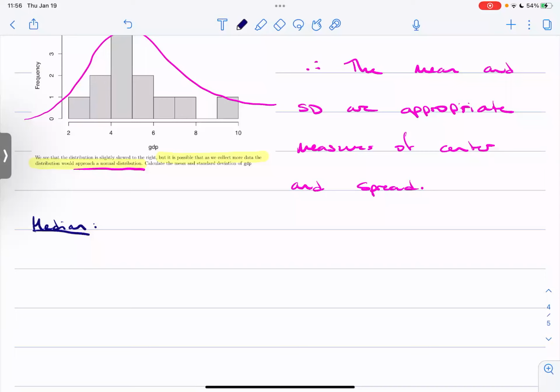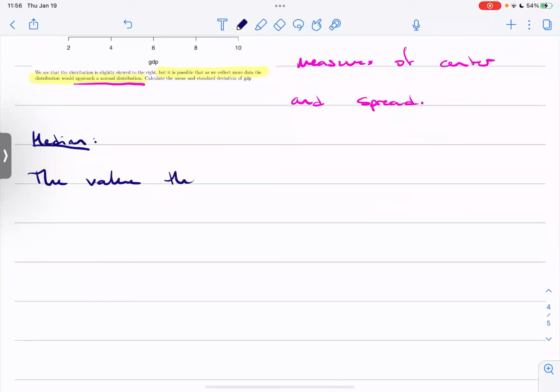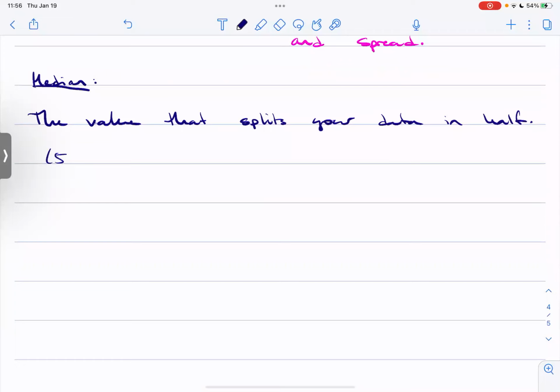So the median is the value that splits your data in half, which means you have 50% below it, 50% above it.